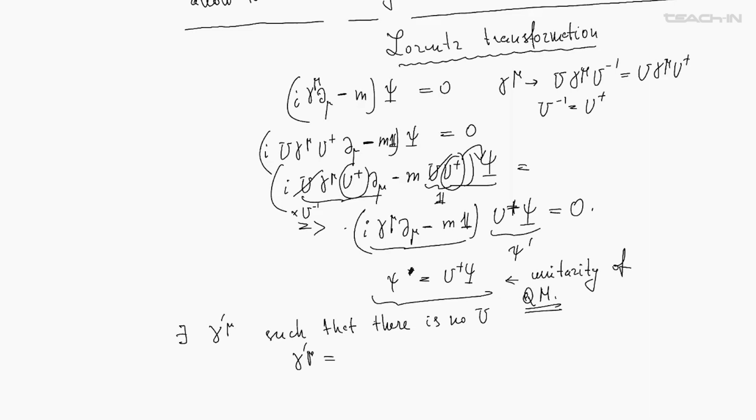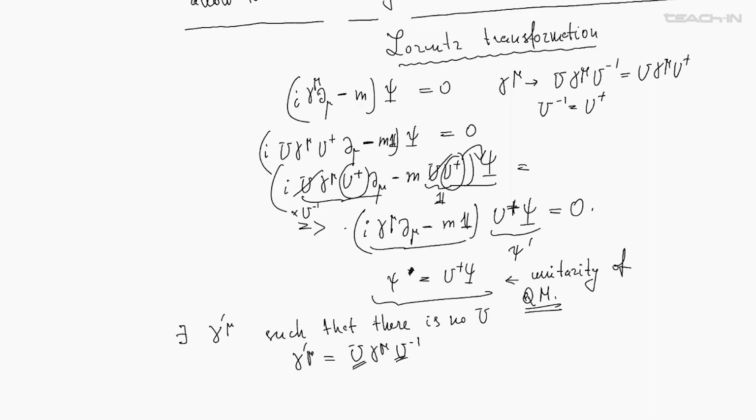In other words, you can say, is it true that in 4 dimensions, there are no different equivalence classes of gamma matrices by unitary equivalence defined with the help of a unitary matrix U? In other words, is it true that all gamma matrices which realize Clifford algebra are unitary equivalent to the Dirac representation? Okay, so that's an interesting question.